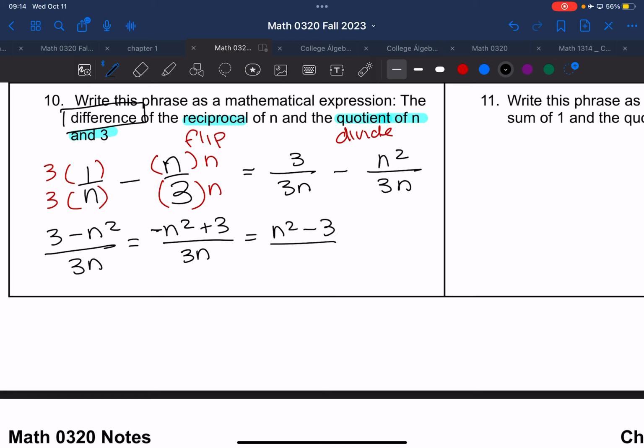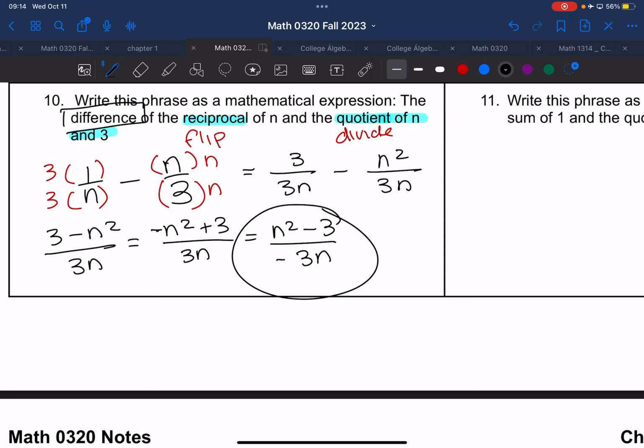But since I multiplied the top by a negative 1, I have to also multiply the bottom by a negative 1, so I get negative 3n. From here, I'm now looking at that numerator, n squared minus 3. So this looks like it could be a perfect square, but is 3 a perfect square? No, so that means this is our answer.